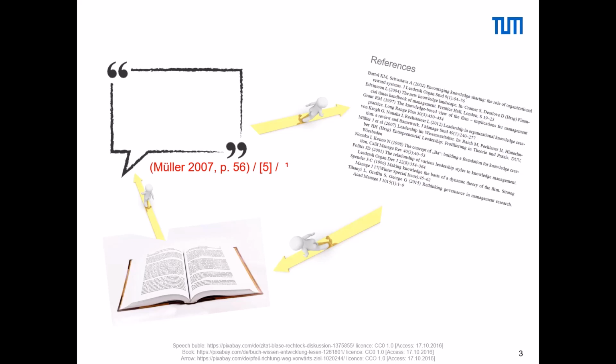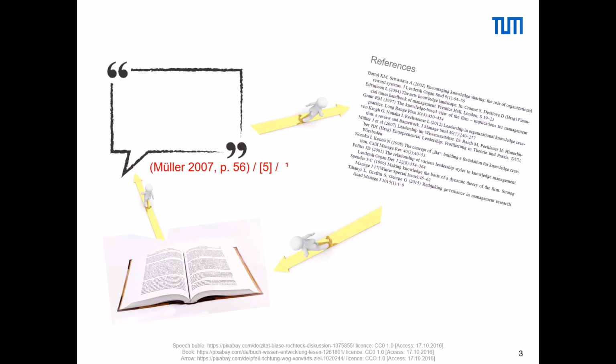And this is what we call the intertextual chain. So it's about using someone else's work, indicating which part we took over and who it was from and where our reader can find this information. And it's our job to keep this intertextual chain intact. So everything we use in our own text, everything we cite, has to have a full reference in the reference list.